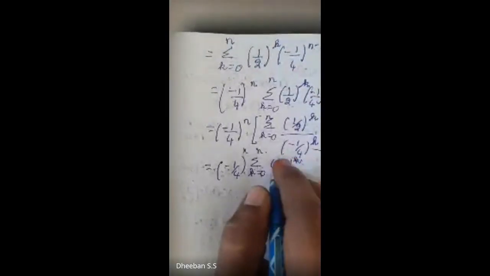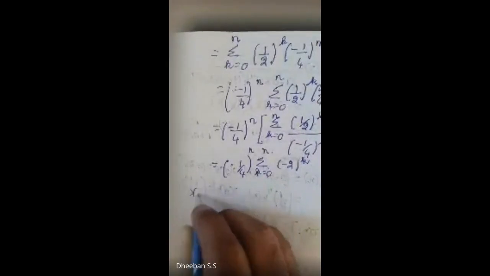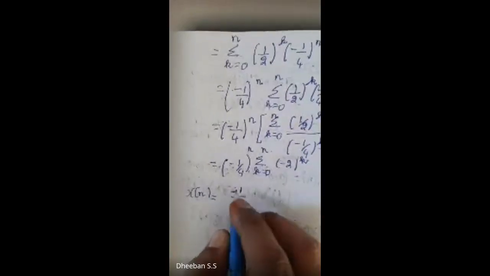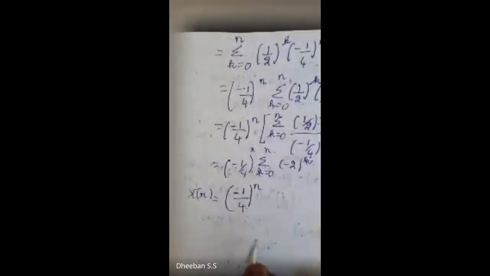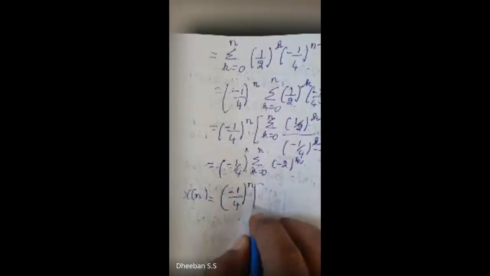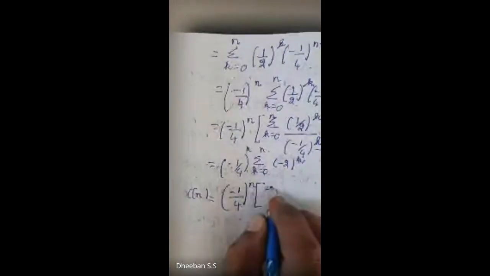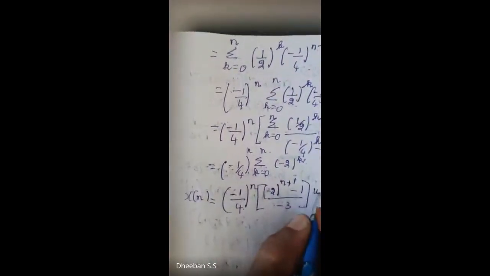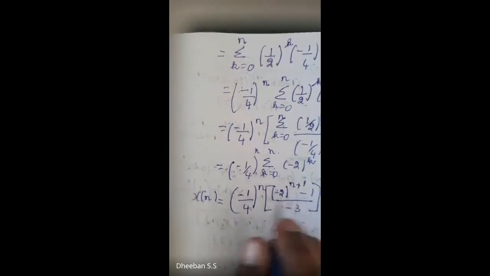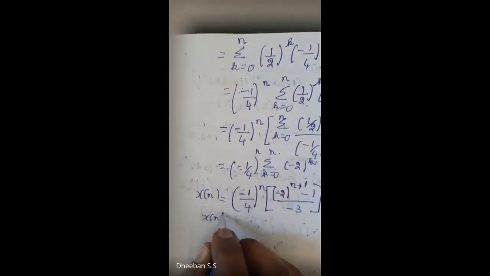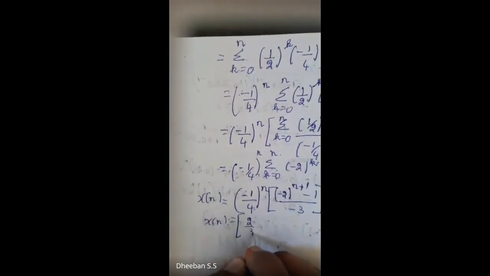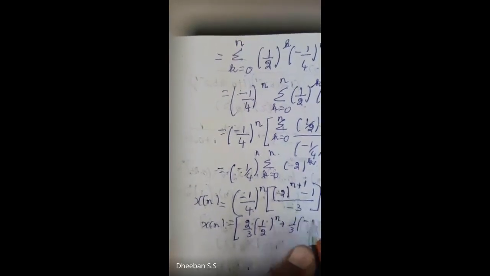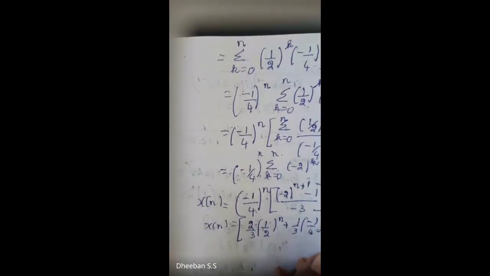So now your x of n will be equal to minus 1 by 4 the whole power n into minus 2 power n plus 1 minus 1 by minus 3, into u of n. You can further simplify as x of n equal to 2 by 3 into 1 by 2 the whole power n plus 1 by 3 into minus 1 by 4 the whole power n, u of n.